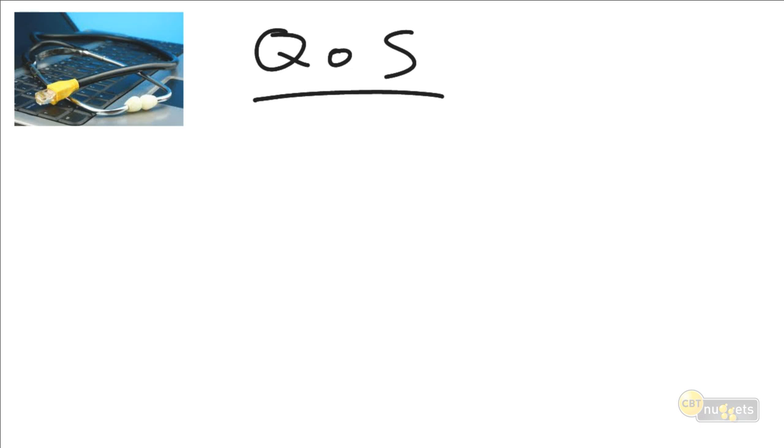Let me start there. There are three overall approaches that you can take to quality of service in both the LAN and the WAN design. I'll list these three approaches over here. Approach number one, do nothing. Well, okay, wait a minute. Not really do nothing. What we mean by this is you over provision.